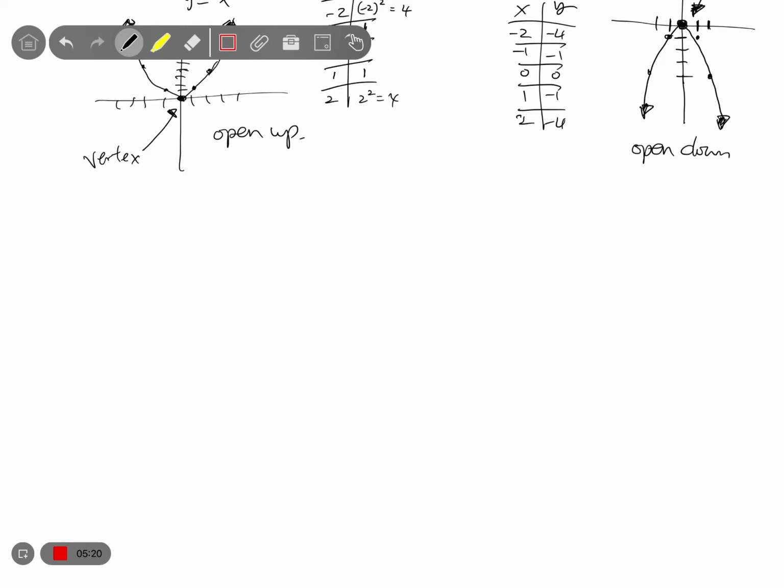Okay. Now remember we said that earlier, right? We could solve a quadratic equation using the quadratic formula. And if you remember, to use the quadratic formula, we have to set it equal to 0.